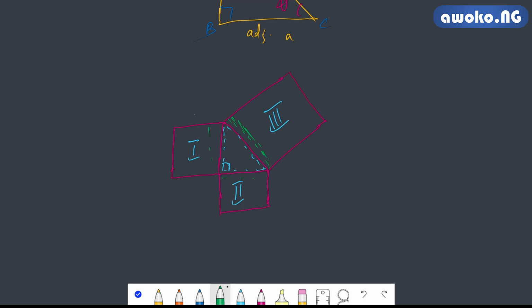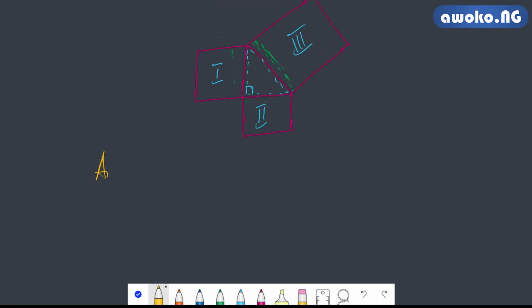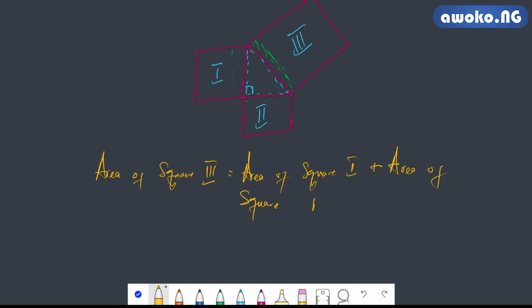And considering these three squares mathematically, let's say these squares are drawn in such a way that they form a right angle, like we've seen in this figure that we have over here. We can write, by Pythagoras law or theorem, the area of square 3 is equal to the area of square 1 plus the area of square 2.